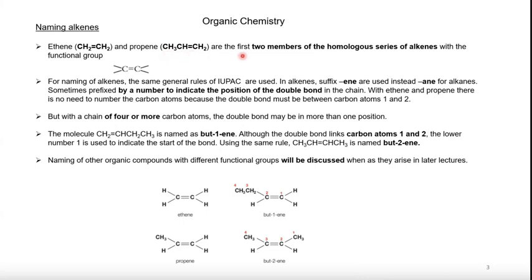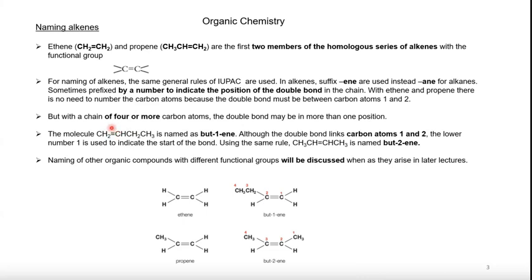But when it is more than 4 carbon atoms, I would say, then we name it a little bit differently, depending on where the double bond of the alkene is. For example, if we have 4 or more carbon atoms and want to name the alkenes, then we look for the double bond first, and then we name it.